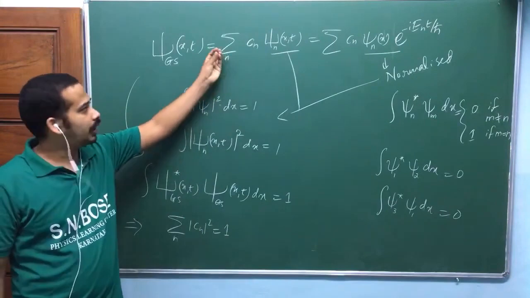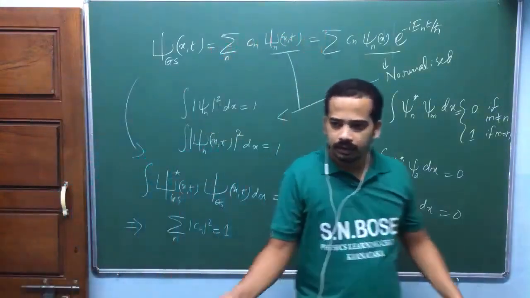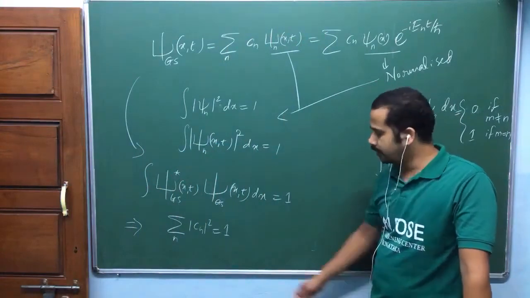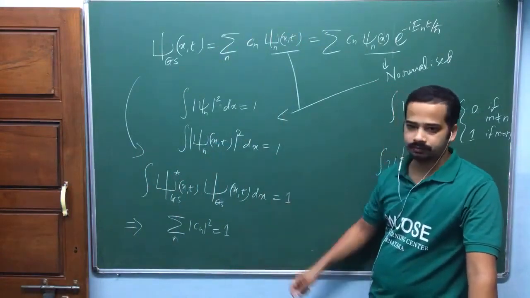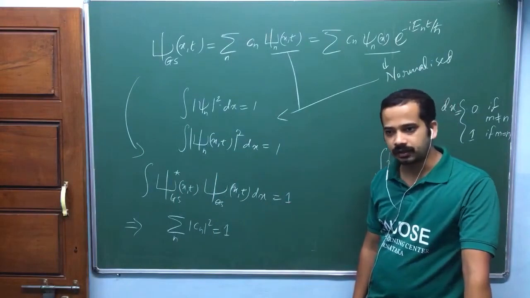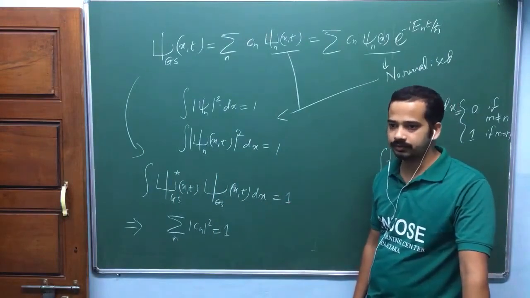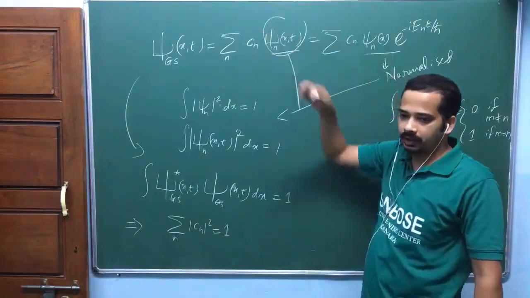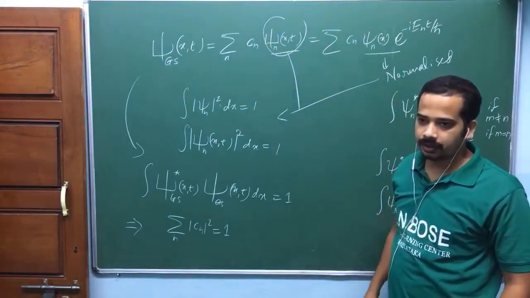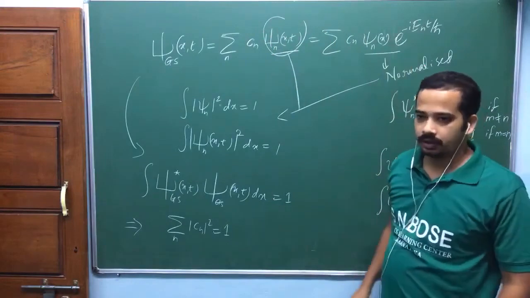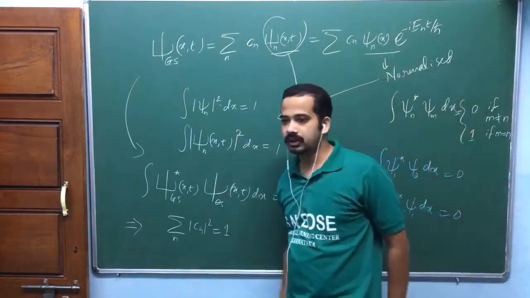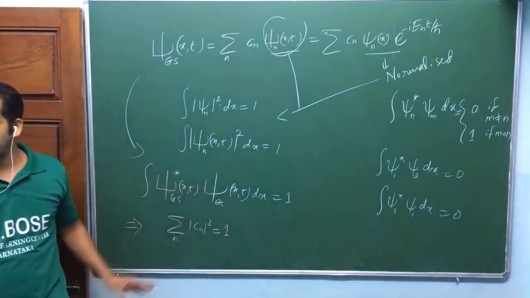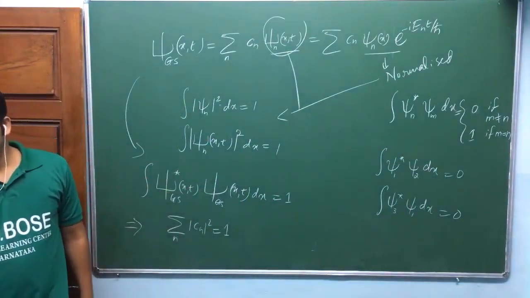If you put an arbitrary constant along with that, it need not be a normalized state. To normalize it, you should go for this one or this one. These were normalized earlier individually, but once you do a linear combination, it need not be normalized. You should enforce this condition or this condition, whatever. Both are equivalent.